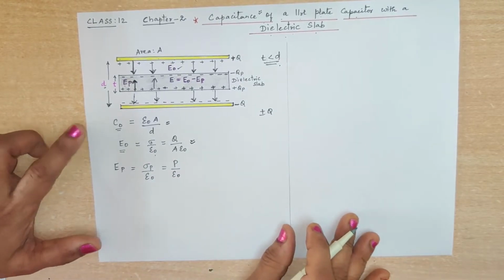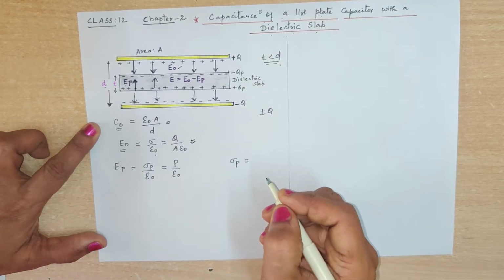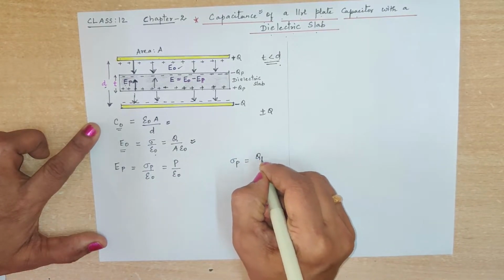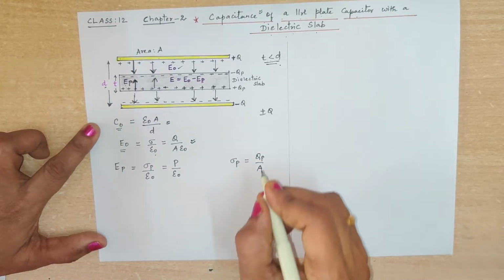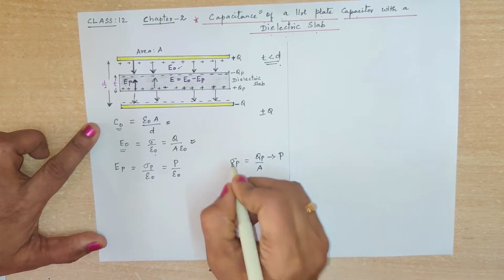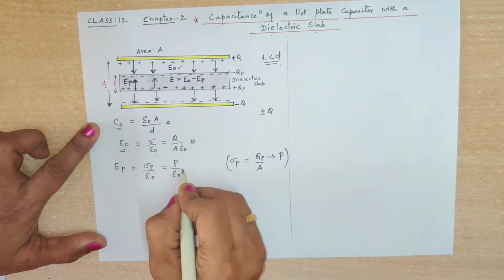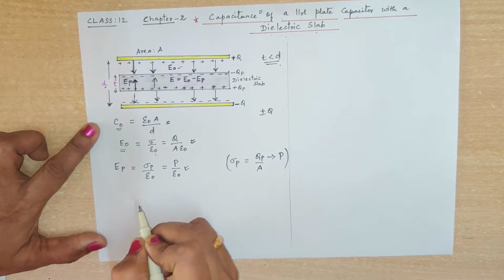This discussion we have already seen. Sigma P is nothing but the charge density during polarization, and that is going to be QP by A, that is the polarization density. Therefore, we have substituted this and rearranged the formula, that is EP is equal to P by epsilon naught.